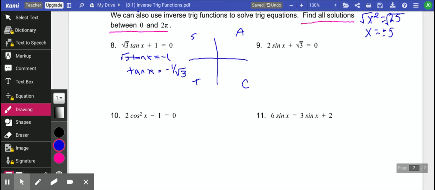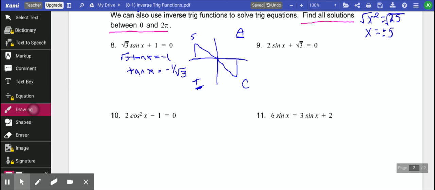This tells us the signs in all of the quadrants. Okay, so they're all positive here, and tangent is positive here. Now we have a negative tangent. So that means our answer is either in this quadrant or it's in this quadrant. Okay, 2 possibilities.